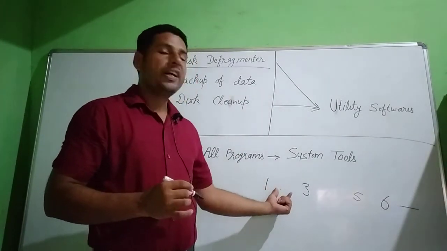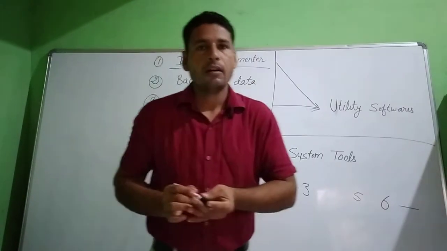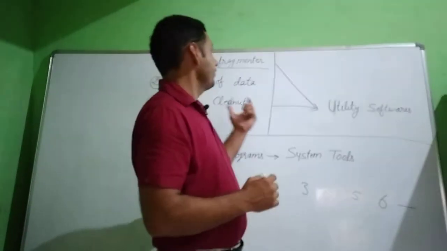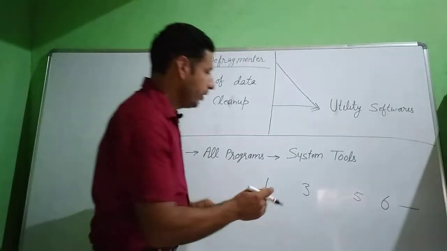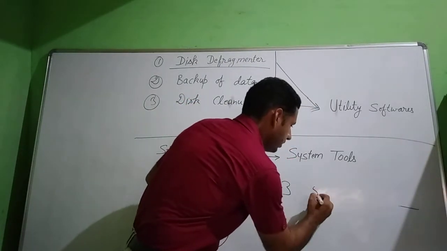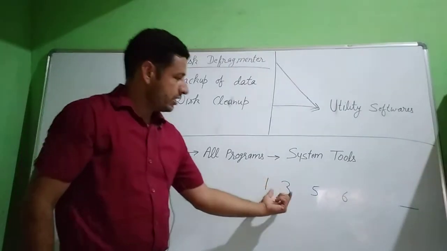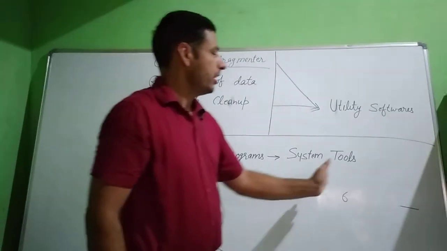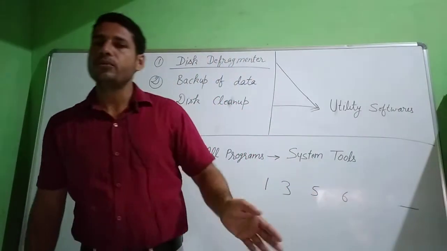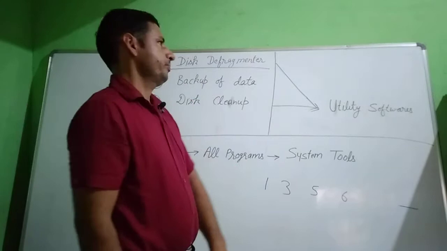The space of file number 2 and the space of file number 4 is unusable. So what the disk defragmenter tool will do is place these files in the unused space, and the space which was in between the files is now after the files, and now if you store any new file in your computer, that will use that particular space. This is disk defragmenter. Clear?